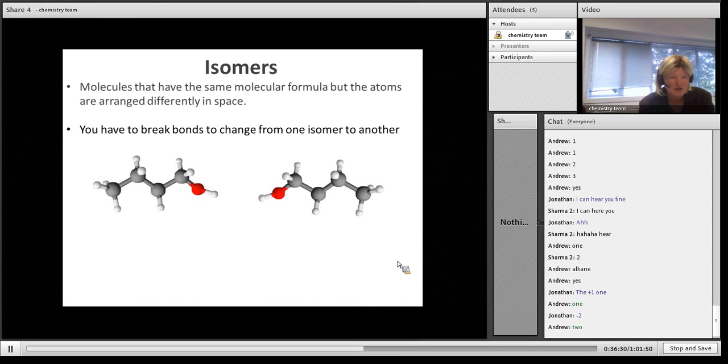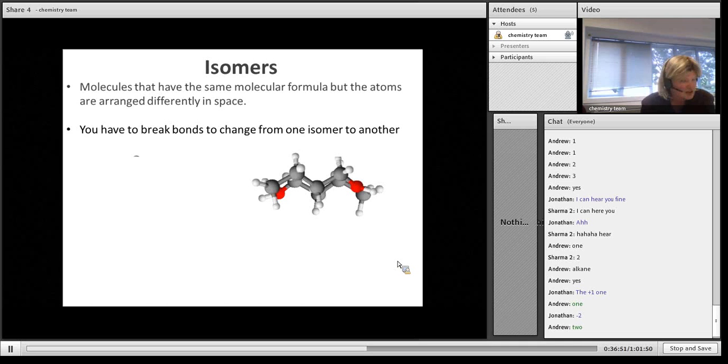To change from one isomer to another, I have to physically break a covalent bond and remake it elsewhere. So here's an example where I've got 4 carbons in a row with an oxygen, so it's a butanol.